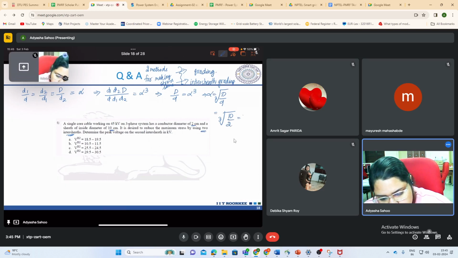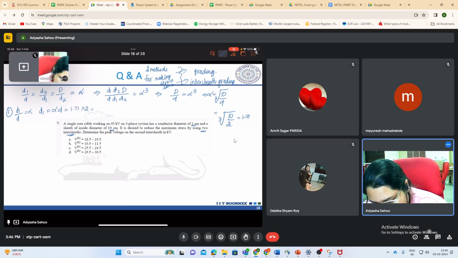If you do this you get around 1.71. So once you know alpha, from relation 1, you know d1 by d was alpha. So d1 is alpha times d, basically 1.71 times 2, so it will be 3.42 cm.